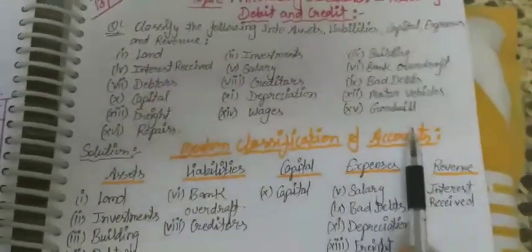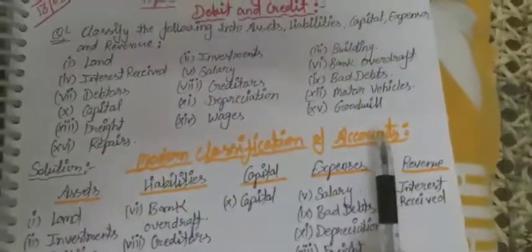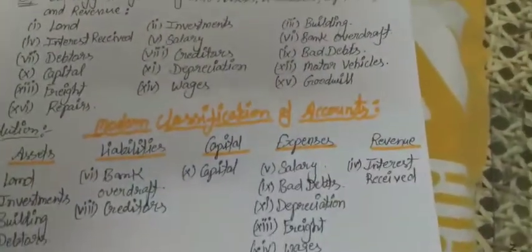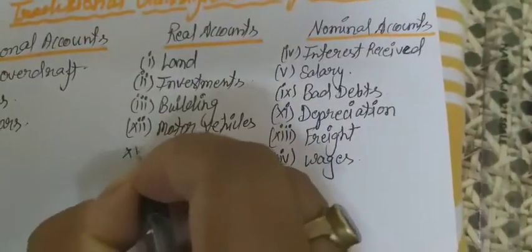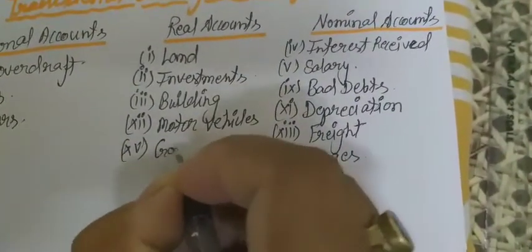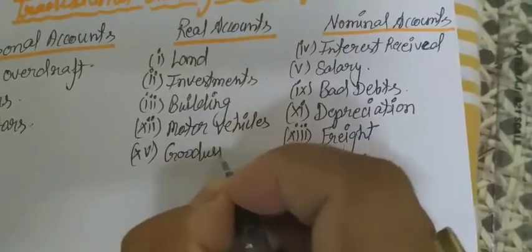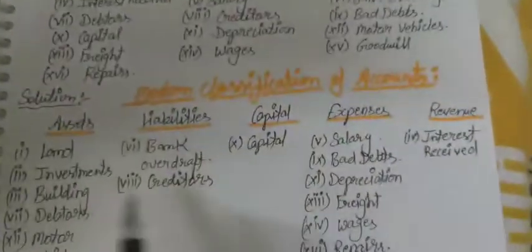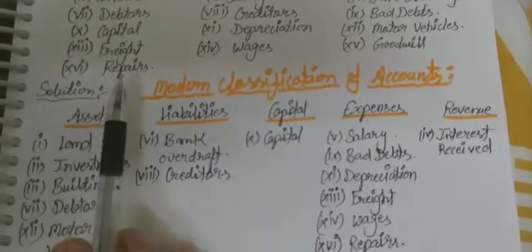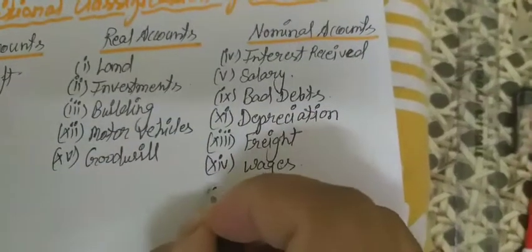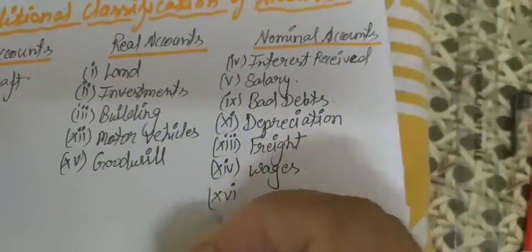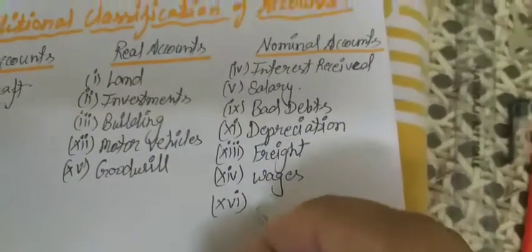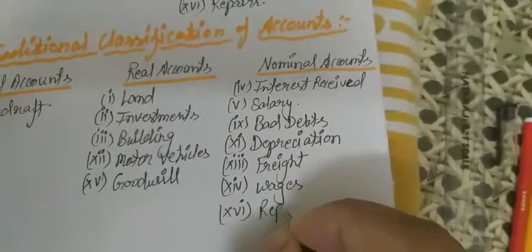Goodwill is an asset and it is the reputation of a business, and if it is an asset, then it is a real account. Okay, next one is repairs, expenses. So if it is an expense, it comes under the nominal account.